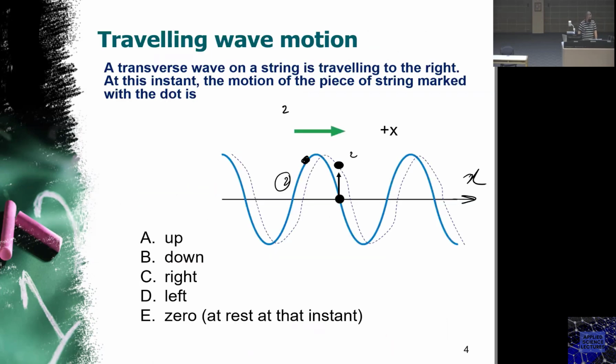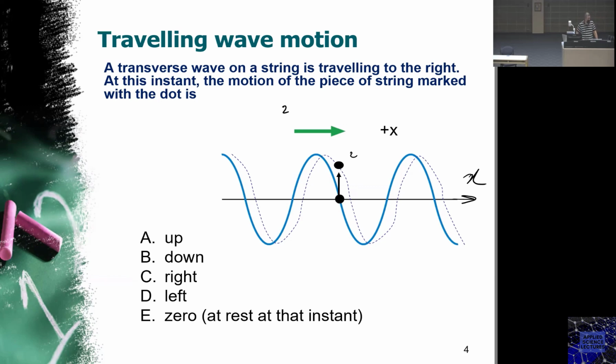Now let's look at this example here. If I have those two waves, such that the wave is propagating in this direction to the right, and this is my positive direction of x, this means that the solid line function is the wave happening before the dotted line function.